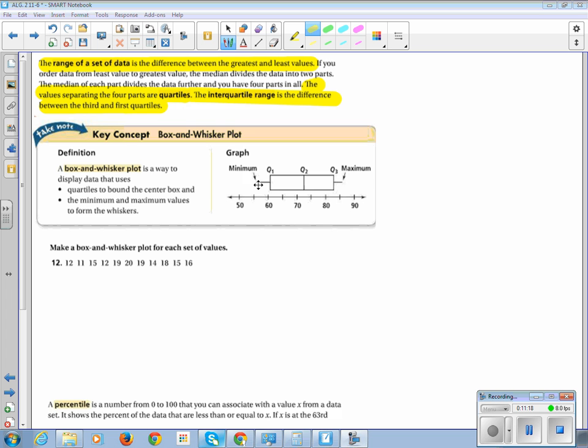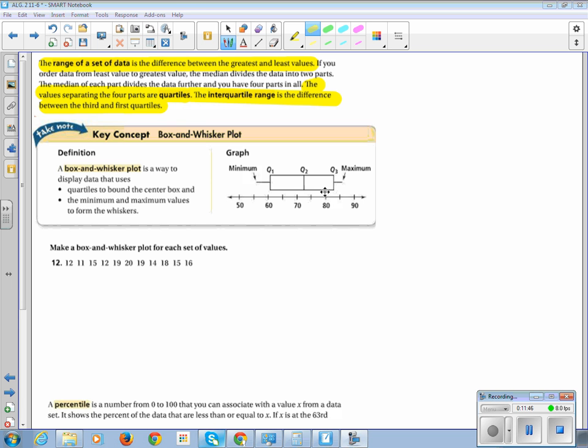So the distance of this whisker is the first quartile of your data. The distance of your first box on the left is your second quartile. The distance between the median and your third quartile is that third quarter, and then finally the last whisker is your fourth quartile.